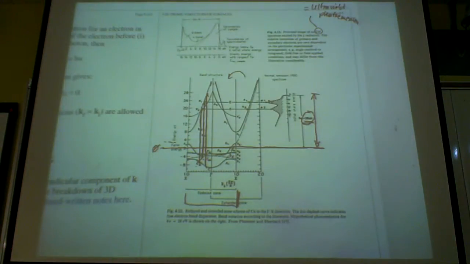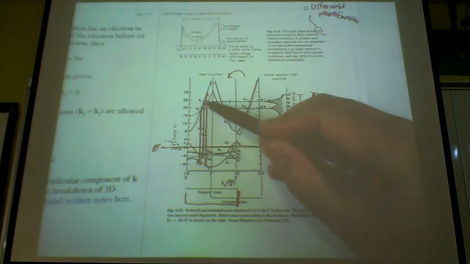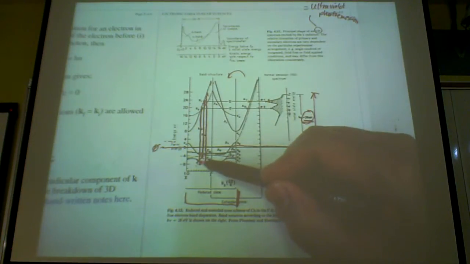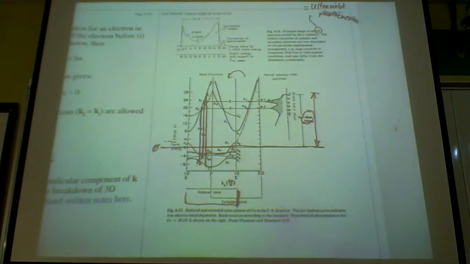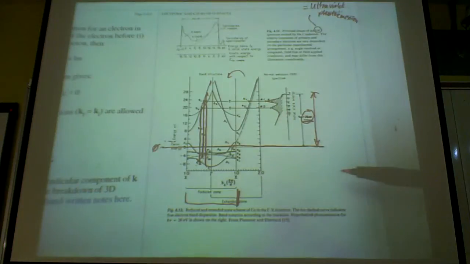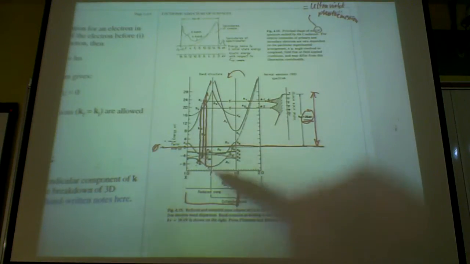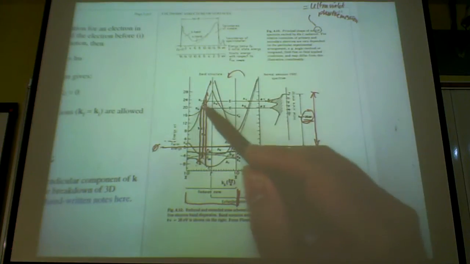Okay? So you can see, I can find some filled state down here and move it up to this level here. Find some filled state down here and move it up. So you can see that the absorption can probe different parts of my band structure. And of course, it will depend on your upper state as well. So it could be a very complicated process because as you move up like this, you have intensity, right?